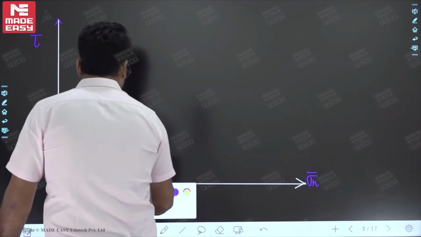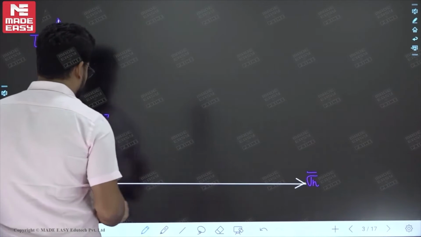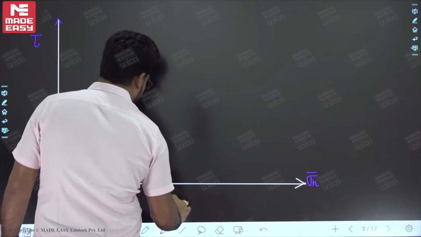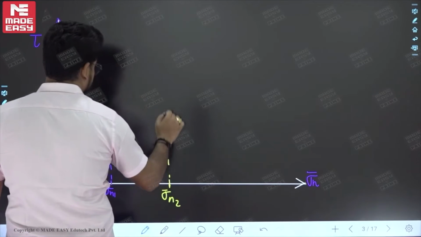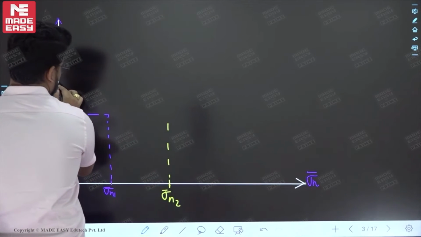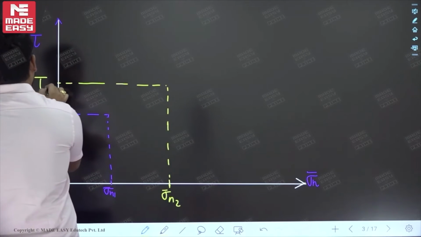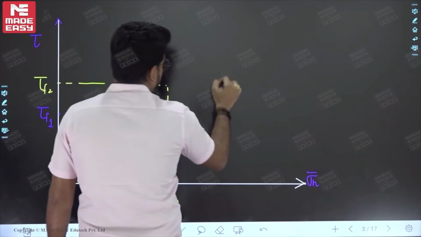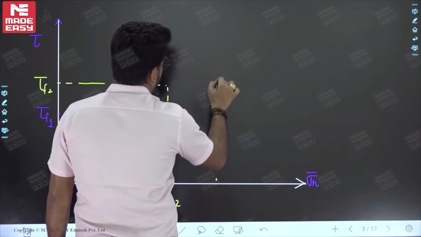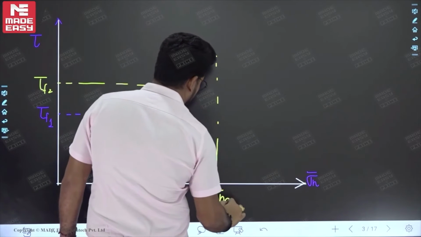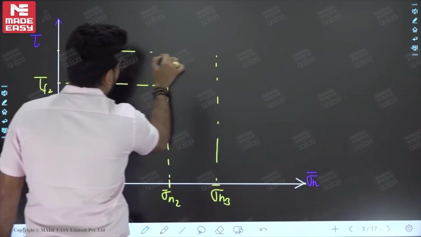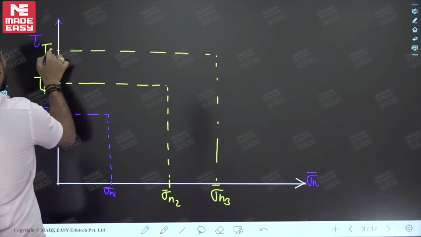Now the second observation is, suppose for example, corresponding to sigma n2, this is tau f2. And the third observation, suppose this is sigma n3, and correspondingly this is tau f3.